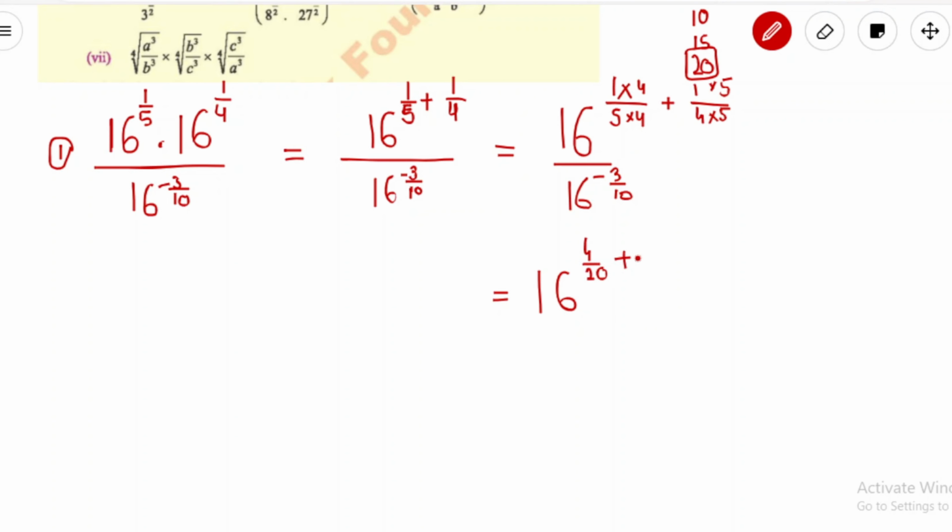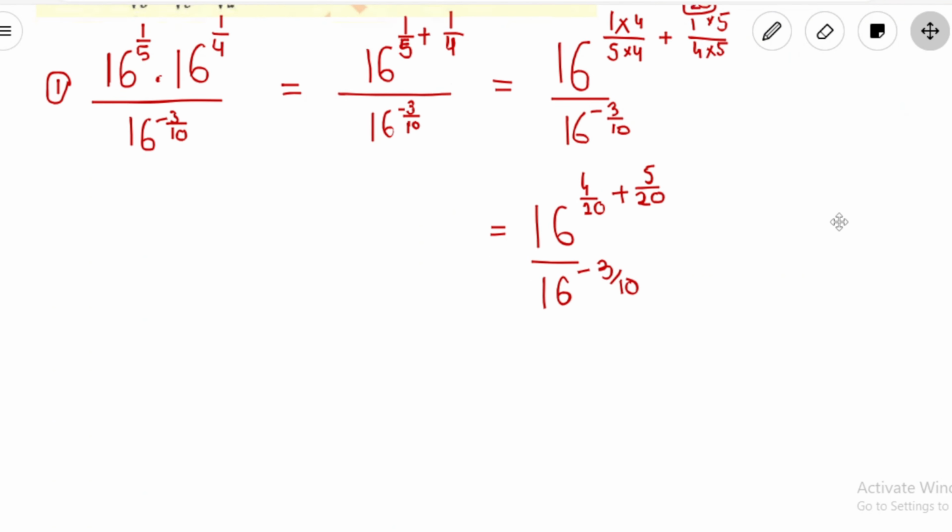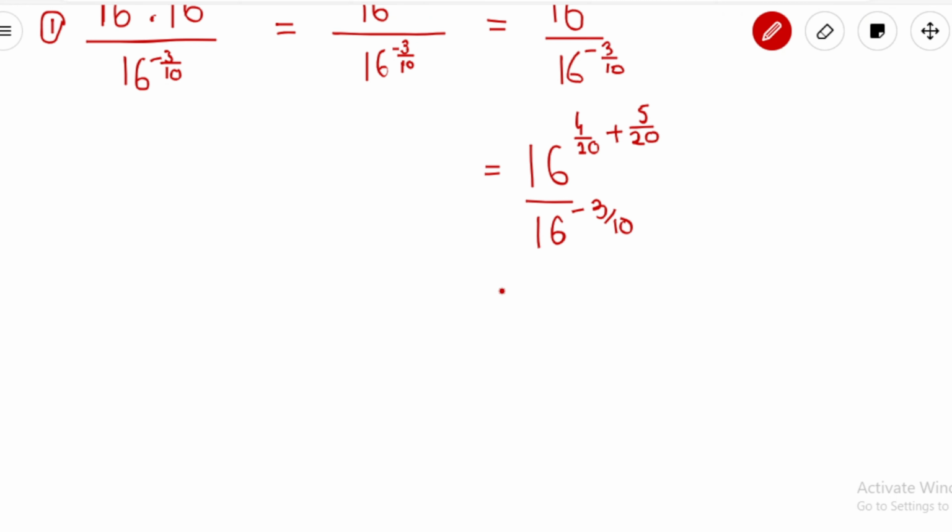So the denominators are similar. When denominators of fractions are similar and you want to add them, what are you going to do? We will just add the numerators, and the denominator will remain as it is. So the denominator 20 remains as it is, and 4 plus 5 becomes 9.